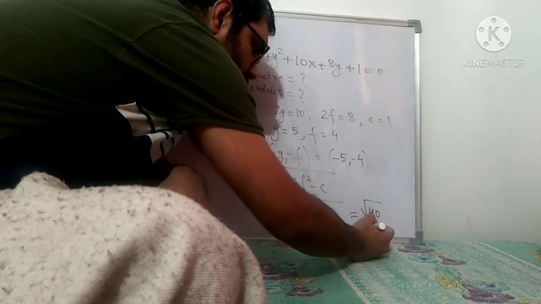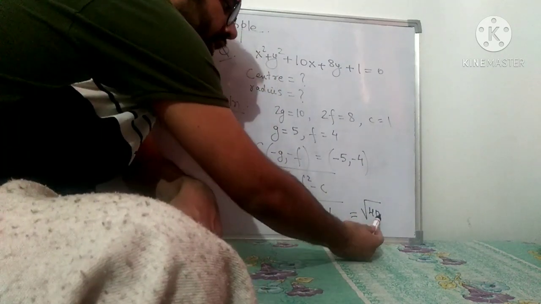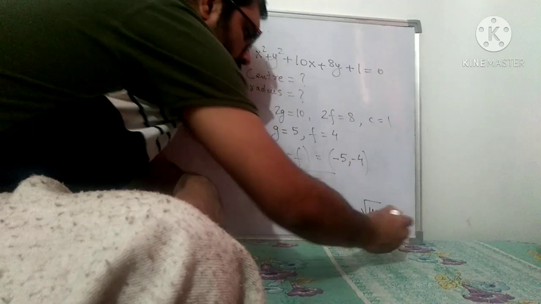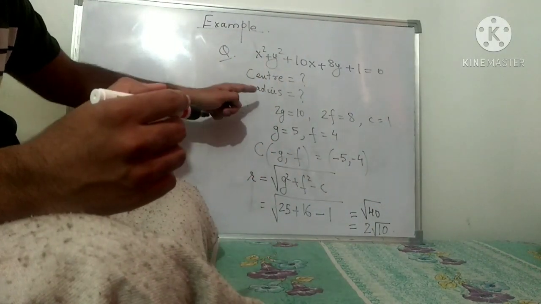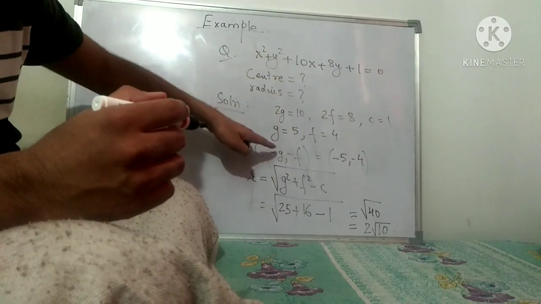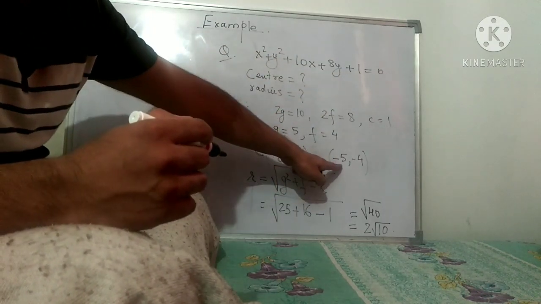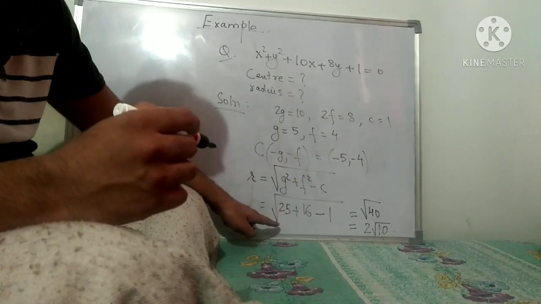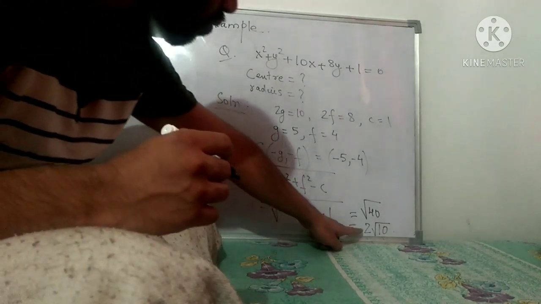So radius is equal to square root of 40, and 40 is 4 into 10, so this can be written as 2 root 10. By applying the formulas, we get the center as minus 5 comma minus 4 and the radius of the circle as 2 root 10 or root 40.